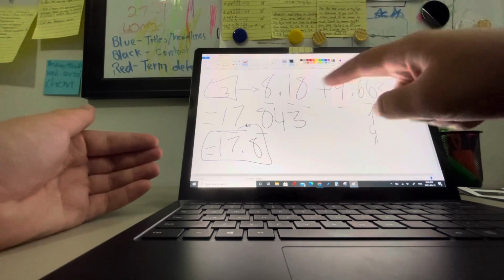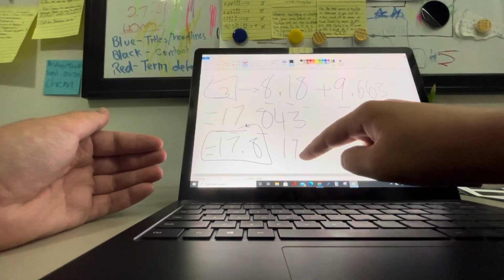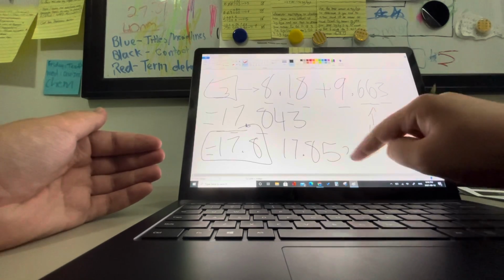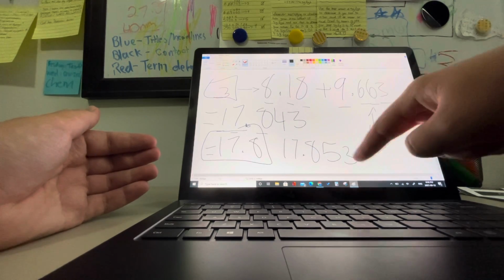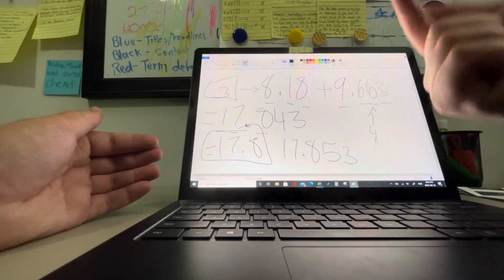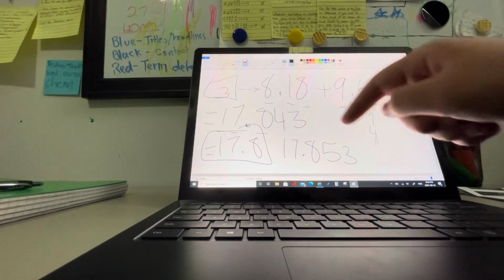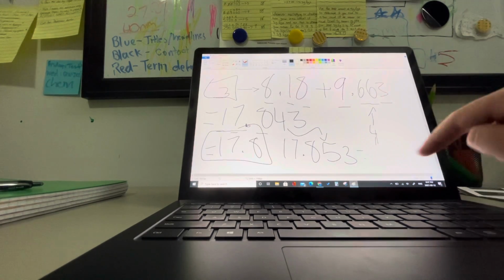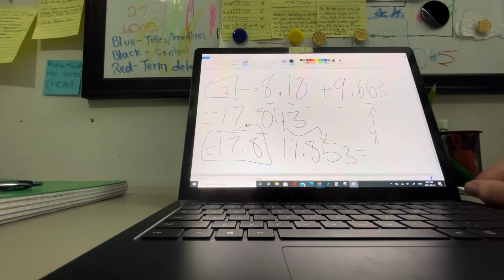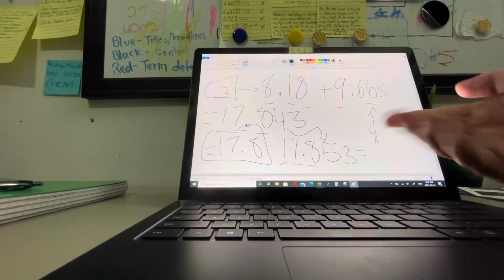Now, you know what? I'm going to give you guys this scenario. What if this were 17.853? So this time it's just 17.853. You can see I only moved one number, the middle value. So instead of 4, I bring it down to a 5. So let's see what I'm going to do here. 17.853. All right, so we'll still take 3 significant figures. Now we see the 5.